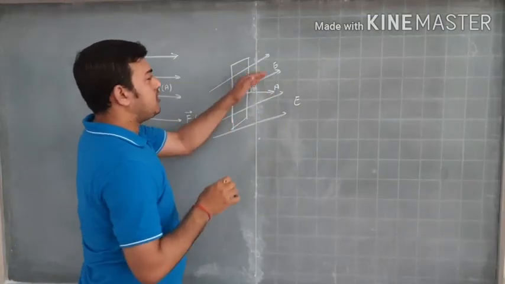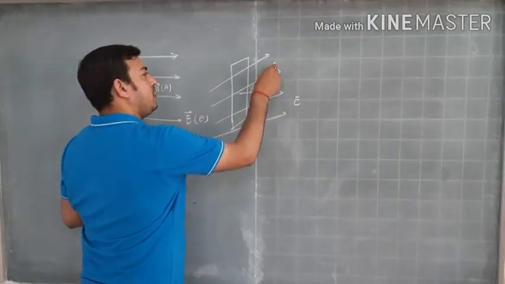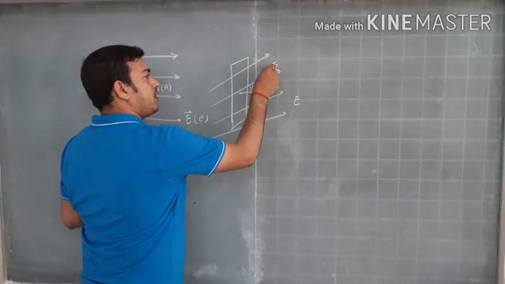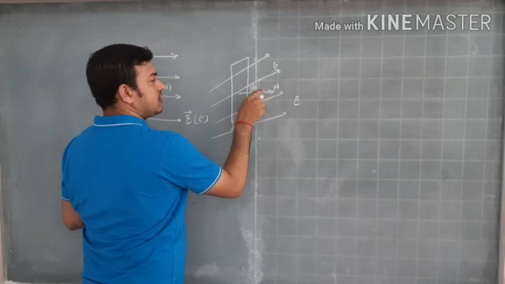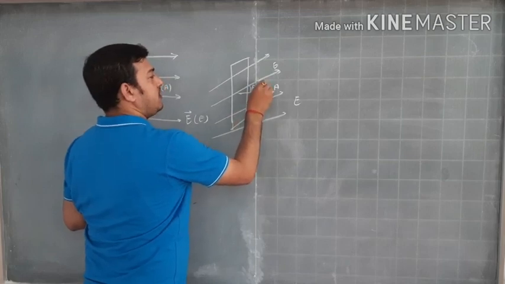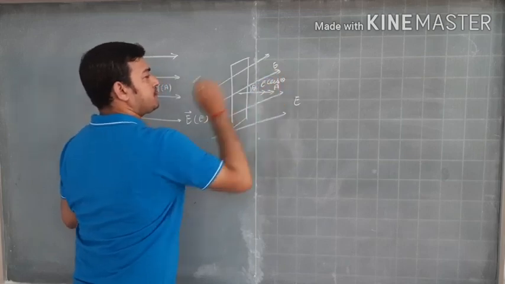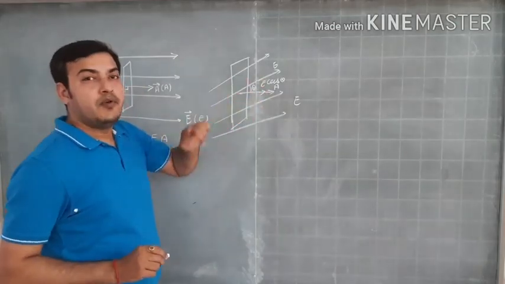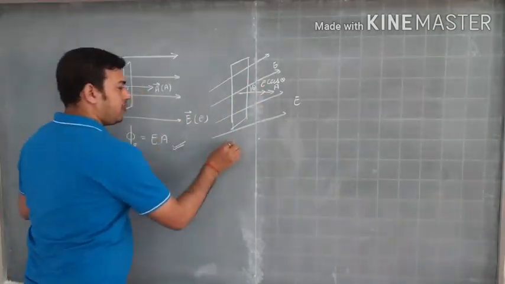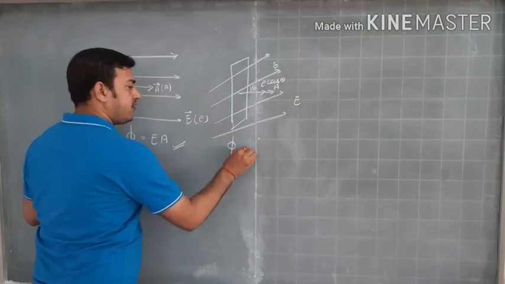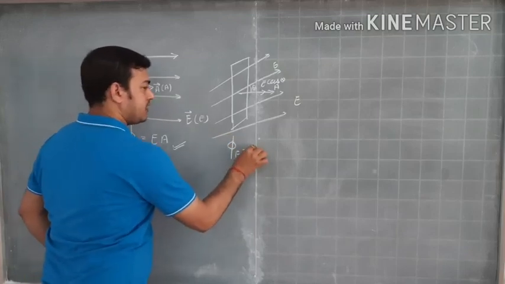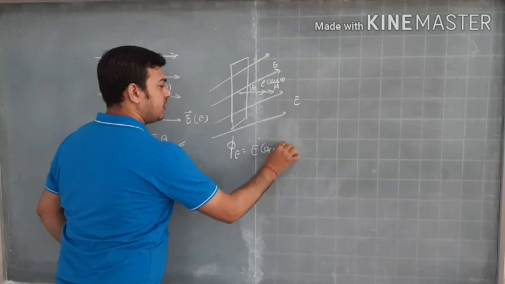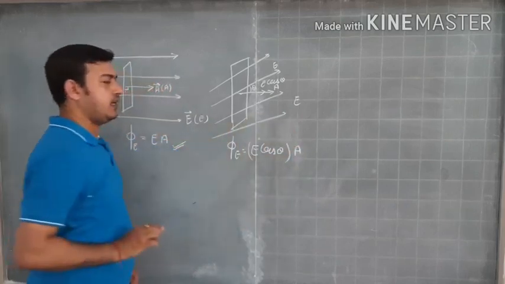To get these two in the same direction, I will find the component of this electric field along this area vector, and it will be E cos theta. Now this E cos theta and the area vector are in the same direction, so with the help of this definition we can find the electric flux as E cos theta multiplied by A.